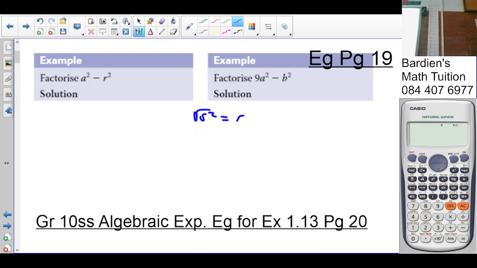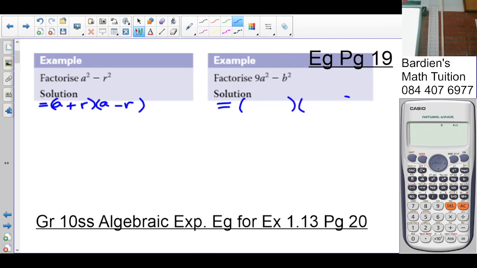So if that is the case, the first term and the second term are perfect squares with a minus between them, we can then use the factorization of the difference of two squares. So that would simply be a plus r and a minus r.